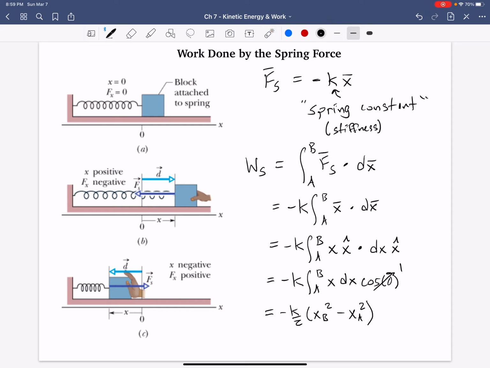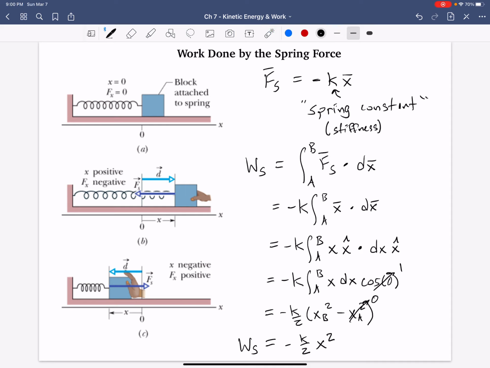A is the initial position, so that is 0. And it turns out that the work done by the spring is negative 1/2 kx squared. I dropped the b because it's just simply the maximum x value. Look here, the work done by the spring is negative, again because the displacement and the force are in opposite directions, so that does negative work.